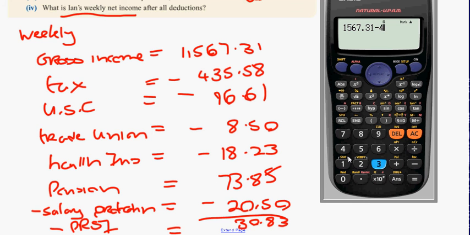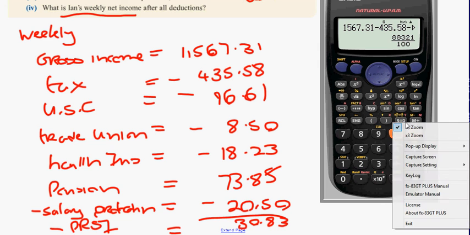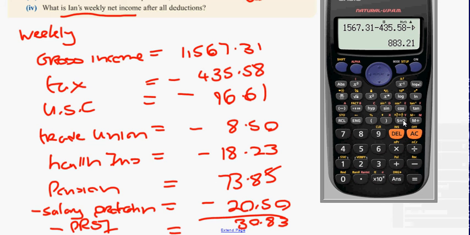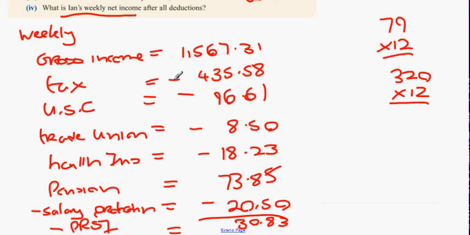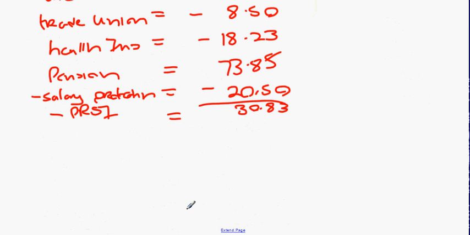Take away 435.58, take away 96.61, minus 8.5, minus 18.23, minus 73.85, minus 20.5, minus 30.83. What we should get here is 883.21, and that's the correct answer. So your net income is 883.21.